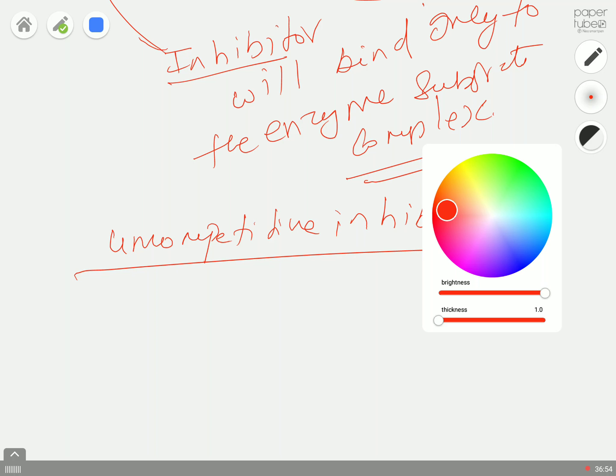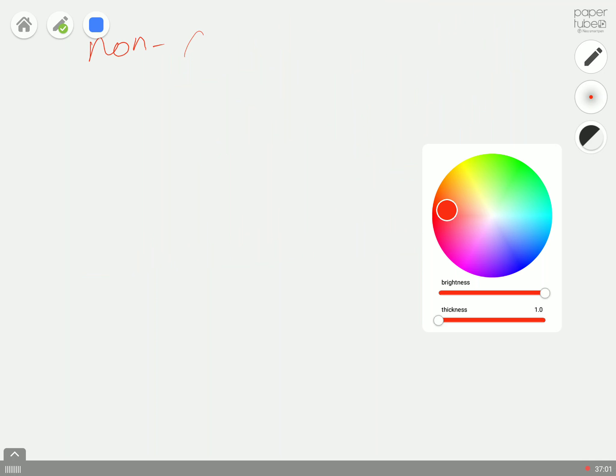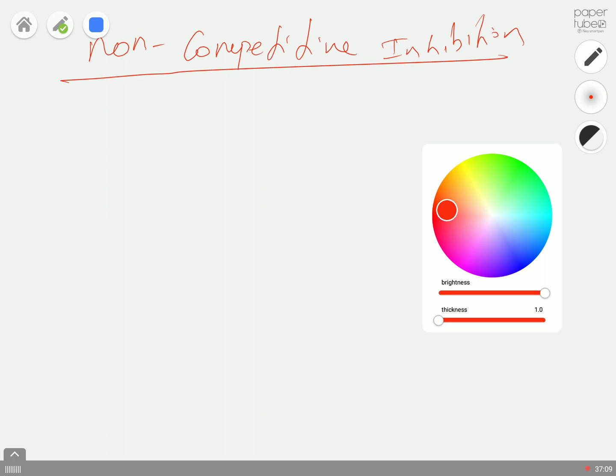So finally we go to non-competitive inhibition. This is a slightly complex one. So you have an enzyme and you have some space. Say this is your substrate.